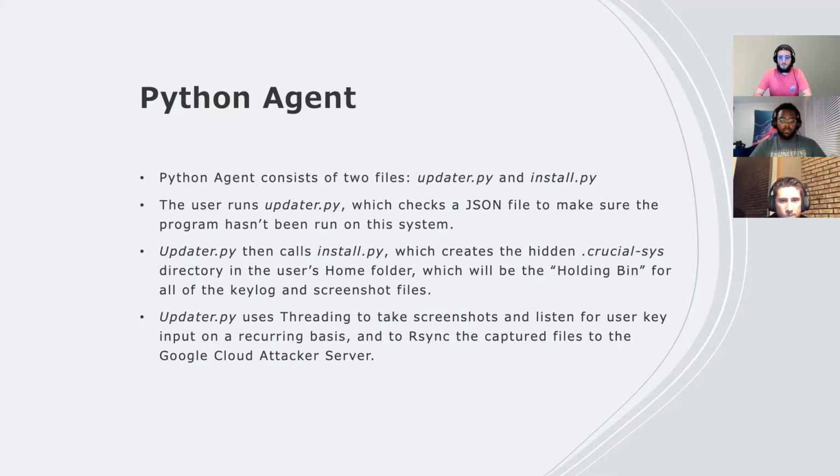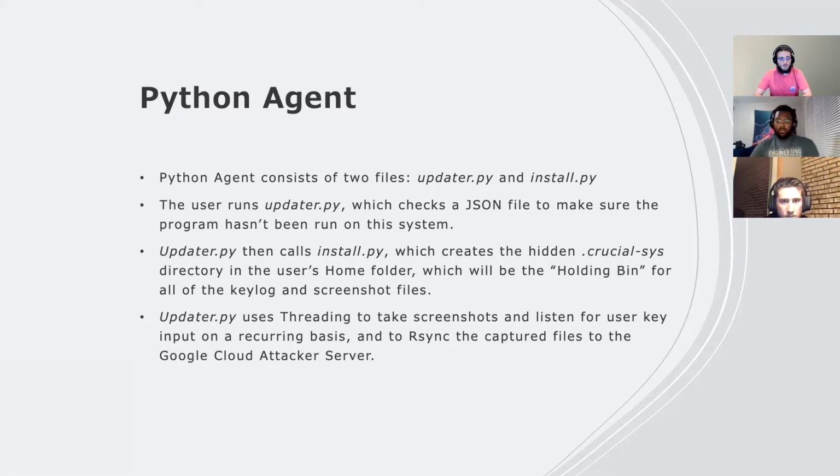So the user runs updater.py. It checks a JSON file, which is a configuration file that we made, to make sure the program has not been run on the system at all. If it hasn't been run, then it will call install.py as a subprocess thread. And install.py will do all of its duties, like creating the hidden crucial.sys directory in the user's home folder.